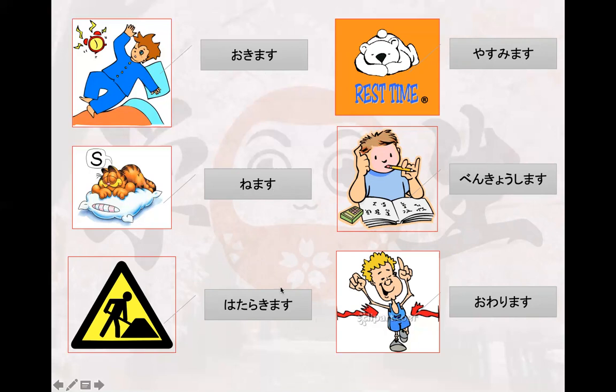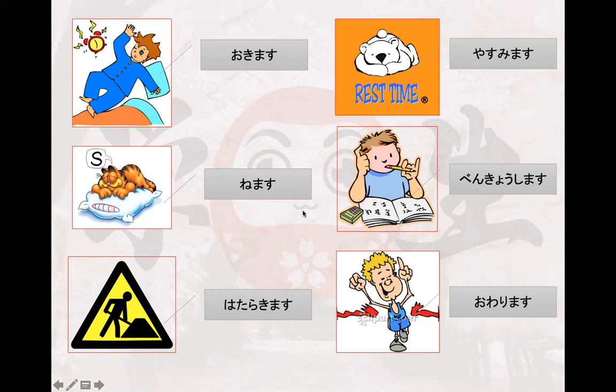So ang tawag natin sa mga verbs na nagtapos sa mas ay mas form. So ano ang kanyang tense or conjugation? Ang conjugations nila, mas is present or future positive. Again, kapag nagtapos sa mas form ang verb mo, ito ay present, future, positive.